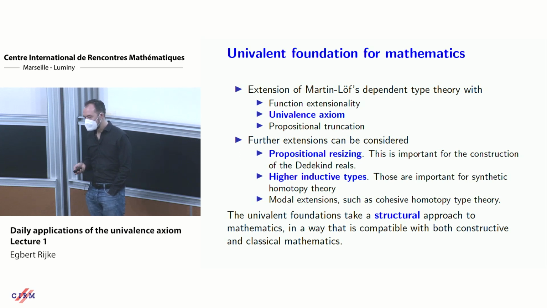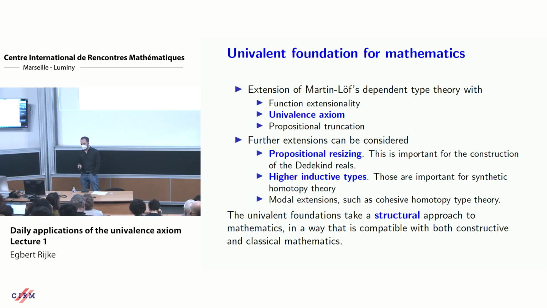And because type theory is a language for structural mathematics, we take a very structural approach to mathematics, and the univalence axiom confirms that view. It kind of forces mathematics to be structural. And very important again is that it's compatible with both classical and constructive mathematics. I want to stress that because this is an important point for the wider mathematical community.